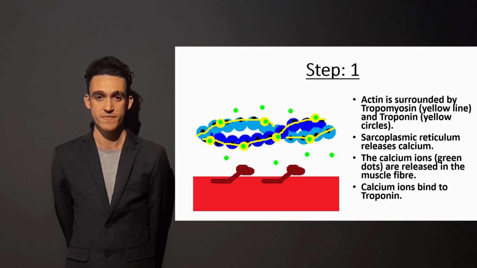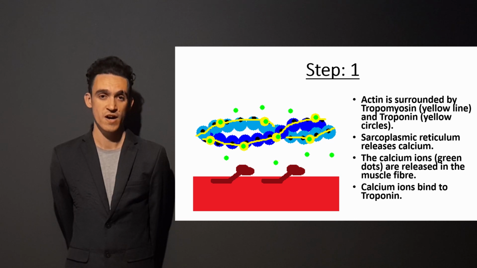So now that we have looked at the anatomy, we can start with the process. The process starts with the nerves sending an electrical impulse towards the muscle. This in turn causes the sarcoplasmic reticulum, which can be found on the outside of the myofibril, to release calcium.